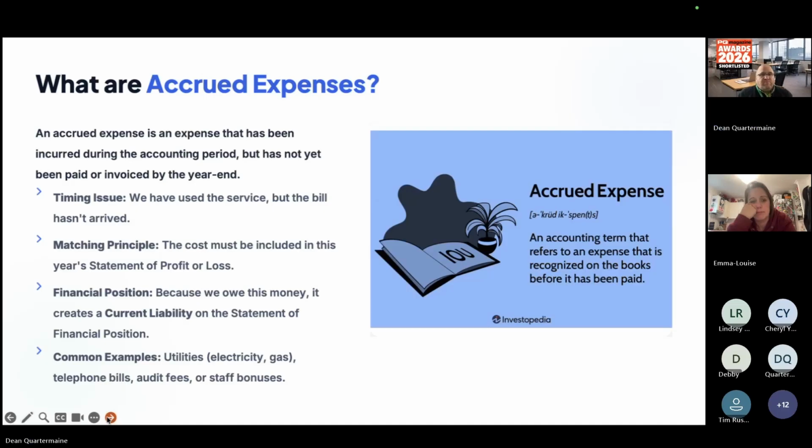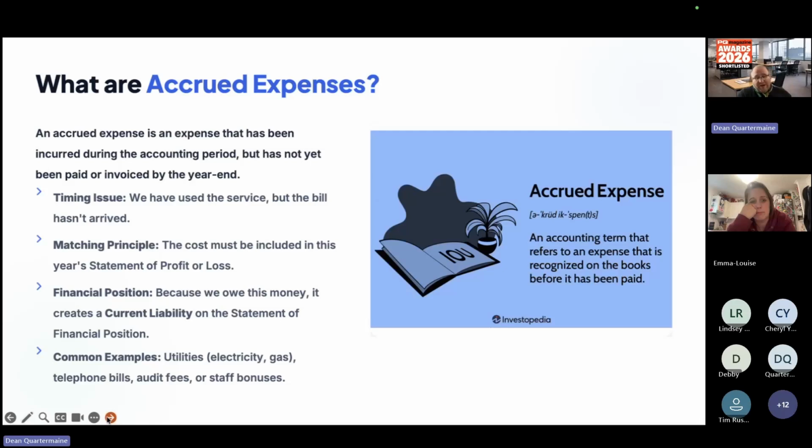Well, we're going to have used the service, the rent, but we haven't had the bill yet. So we're going to need to, in that period of time, accrue that expense, because we haven't yet received the bill. So we'll explain it in a little bit more detail in a minute.